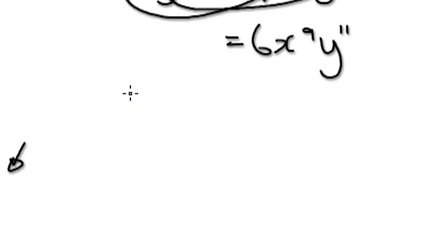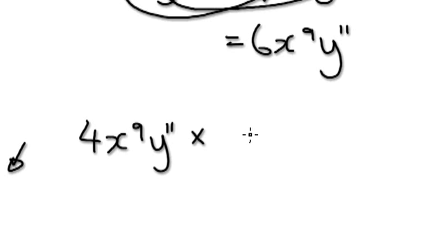Okay. So my next question, what's 4x to the power of 9 y to the power of 11 times 3x to the power of 4 and then z to the power of 3?